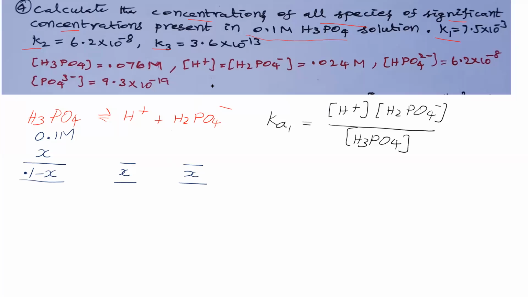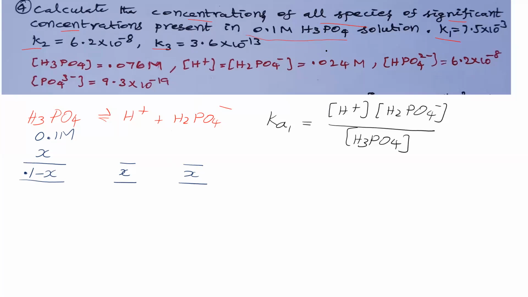Now let us see ionic equilibrium subjective numerical. Here, calculate the concentrations of all species of significant concentrations present in 0.1 molar H3PO4. 0.1 molar H3PO4, K1, K2, K3 is given.